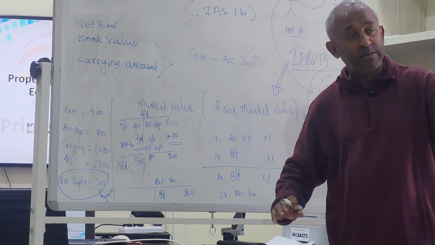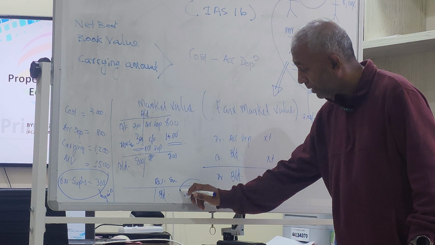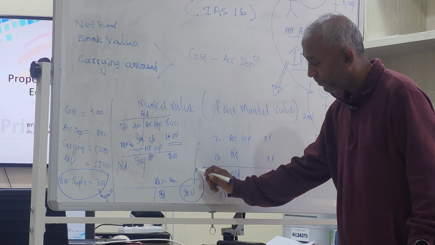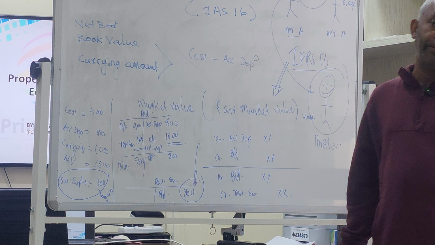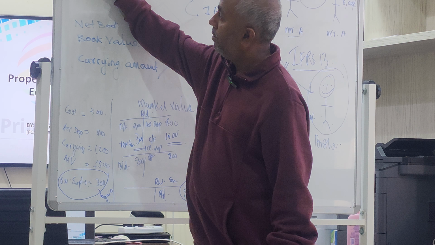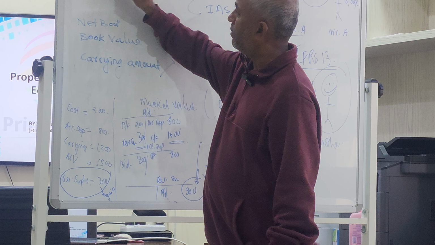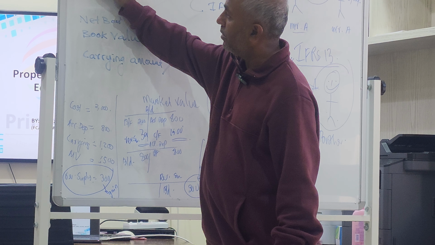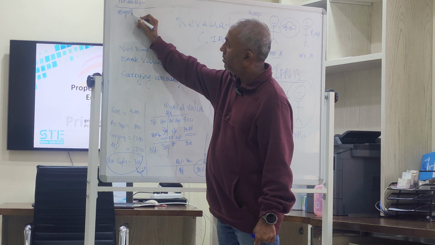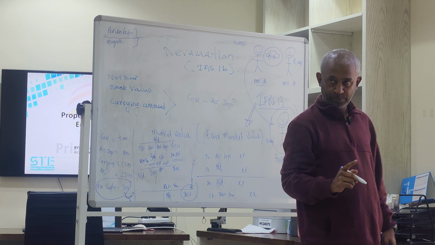Now, the interesting point is that we came up with the balance in the ledger, 300. Now the question is presentation, or more than presentation, I would say recognition. Going back to IAS 1.